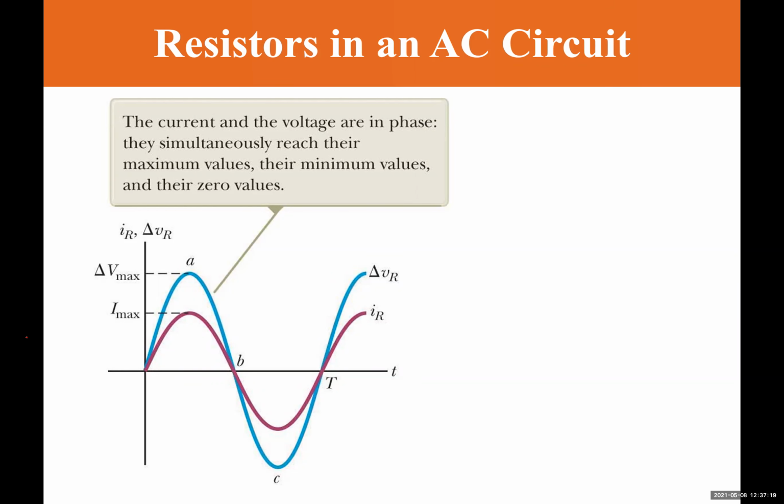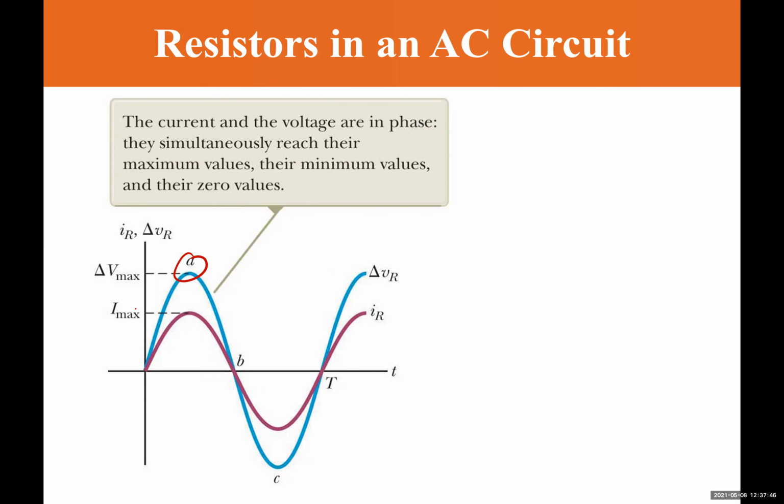And you can see here, for example, when you go to point A, it gives you both maximum current and maximum voltage. That means the current reaches maximum, the voltage reaches maximum, and obviously that happens at some very specific time and frequency.